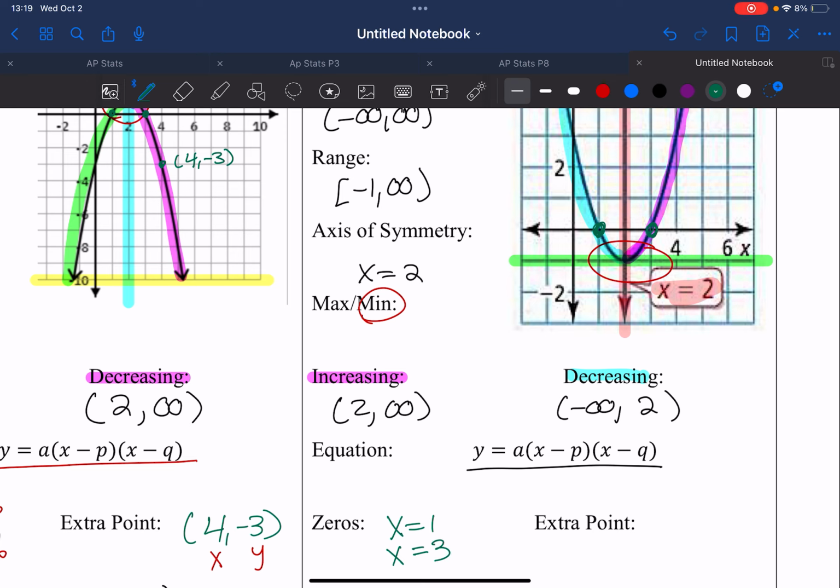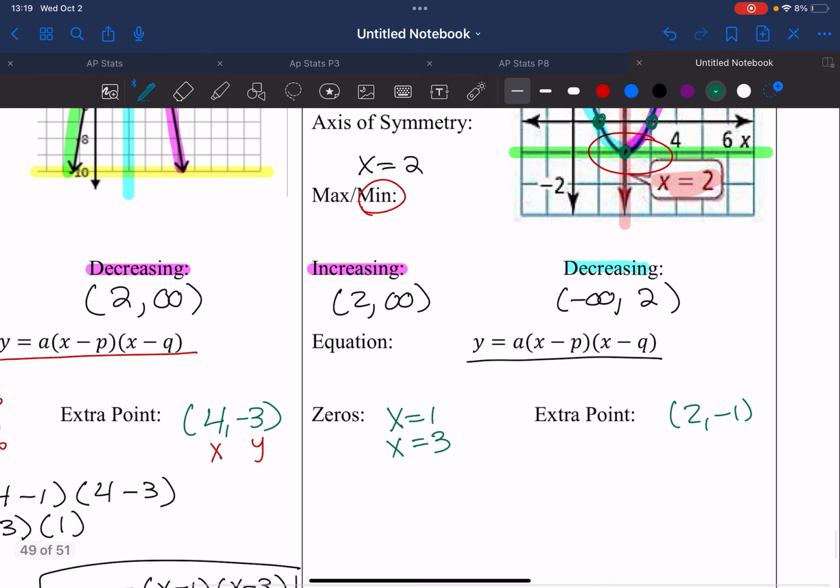For my extra point, I'll go ahead and use the vertex right here, because we can use any point on the graph, including the vertex. So I'm going to use that vertex point of (2, -1). Okay. So then labeling this is still my p, q, and then my x, y.